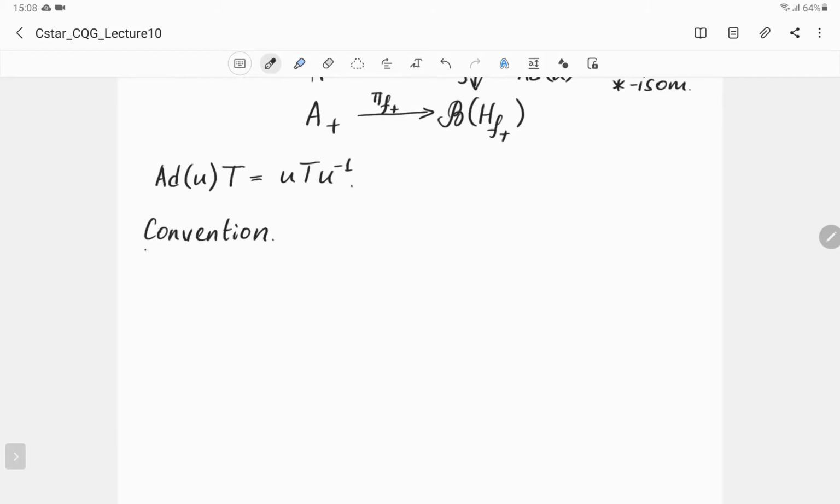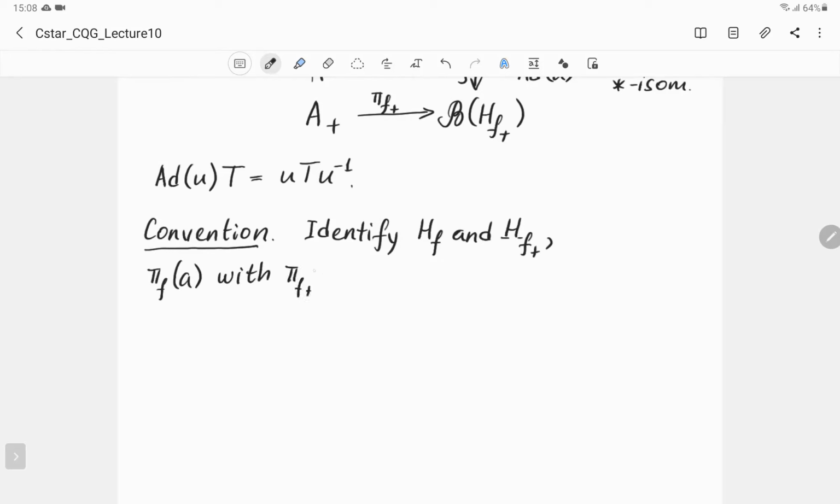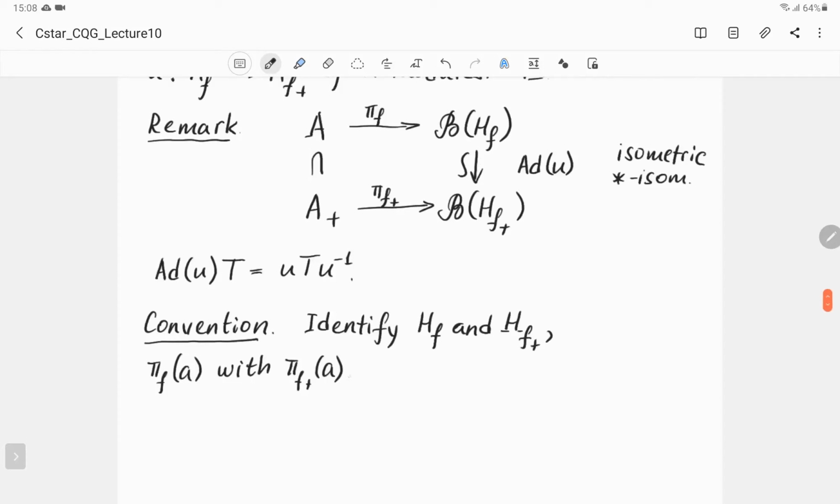From now on, we will identify HF with HF plus by means of U, pi F of A with pi F plus of A by means of this Ad of U, and lambda F of A with lambda F plus of A for all elements in our algebra. Again, we identify them by means of the isomorphism U.